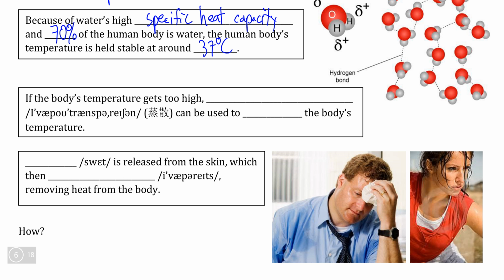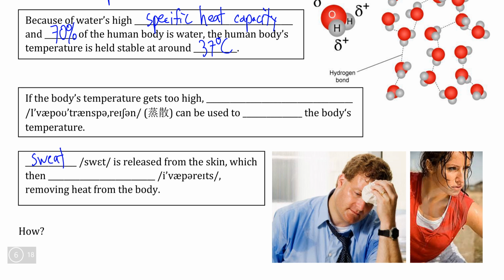But obviously, if you live in a hotter part of the world, this alone is not enough to keep the temperature stable, and most people are familiar with what our body uses water for when we get excessively hot. And this, of course, is called sweating.